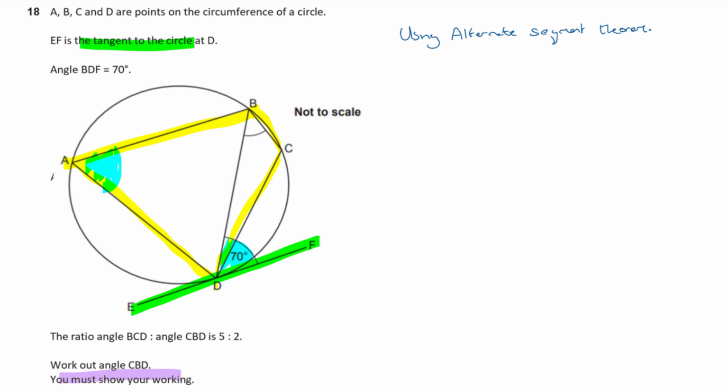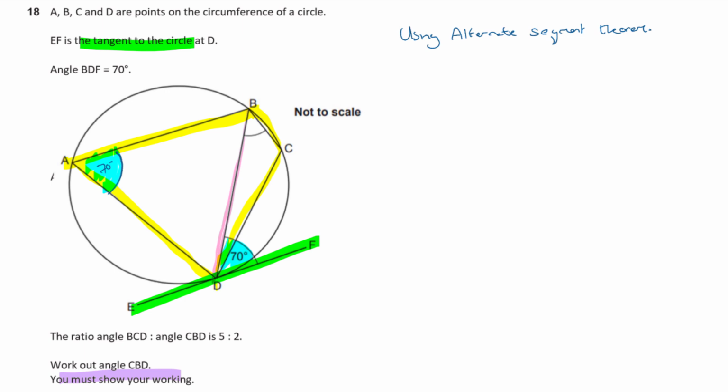So that 70 degrees there has to be the same as this one here. The green line is the tangent, this pink line here is the chord, and the angle over there at A is the angle subtended off of that chord. You can see both its feet are at the end of that chord. So that one over there has to be 70 degrees.